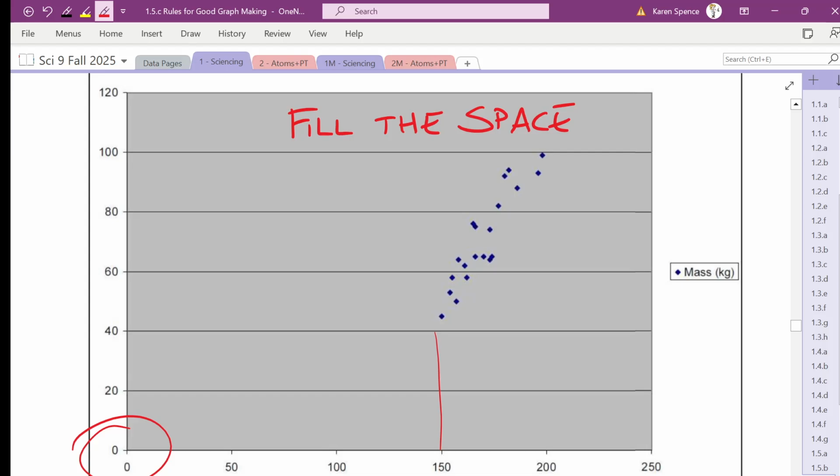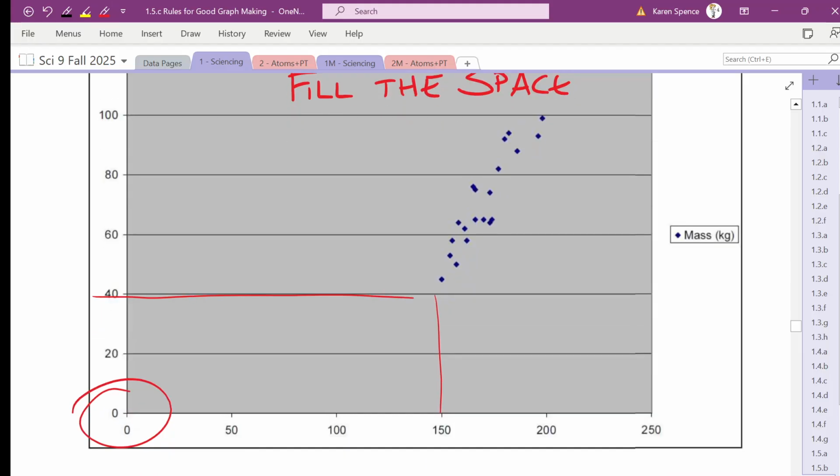So what that means is you don't actually need to start your graph until 150. And going upwards, we don't really have any points until after 40. So that means we can start our graph at 40, and that's going to allow us to really expand the plotted portion.